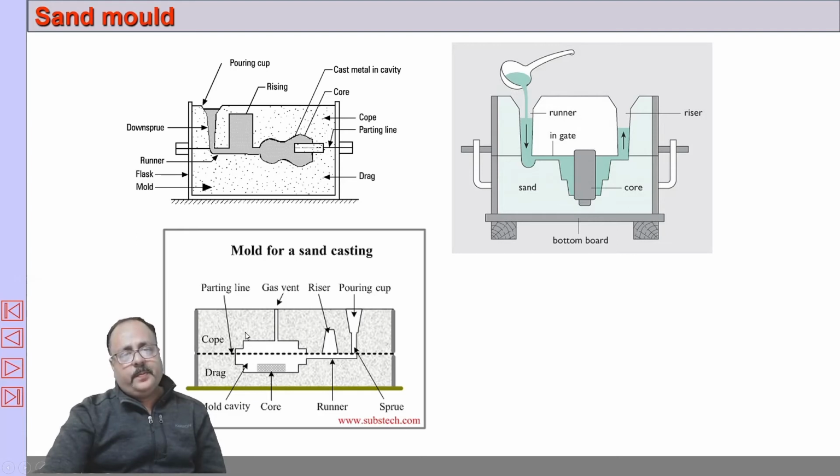Here, this is the gas vent. This is the blind riser, pouring cup, runner. This is the core. Similarly, runner. This is the runner. Sorry, this is the sprue. It is not runner. This is the sprue. This is pouring cup. This is the runner. This is the ingate. This is the riser. This is the core.